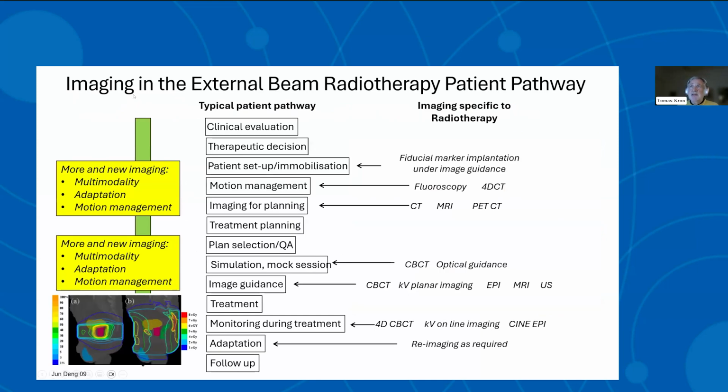We have already talked about imaging in external beam radiotherapy, and we've seen that in the patient pathway, as you can see here. Imaging is clustered in the treatment planning area, here with motion management, imaging for planning, and so on. And then again in the treatment delivery area, where patient position verification is an important aspect of the imaging.